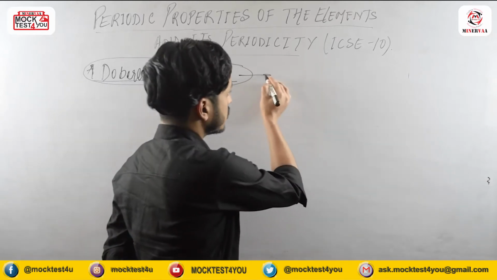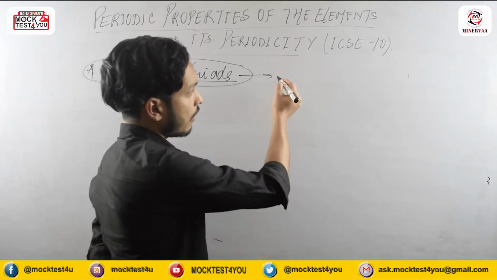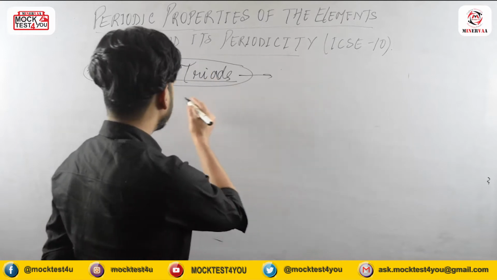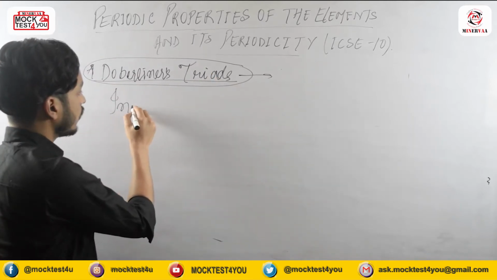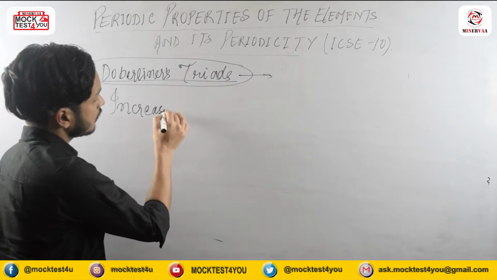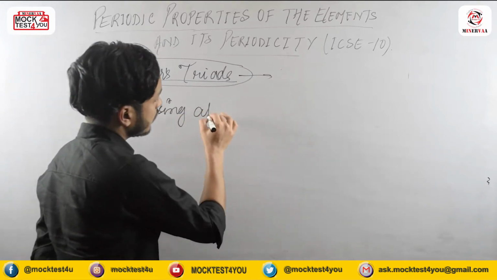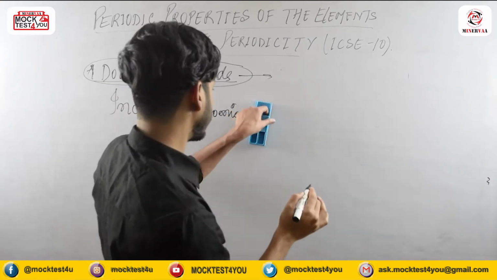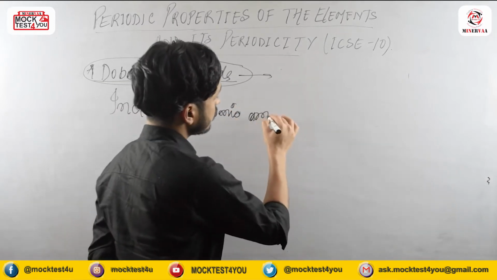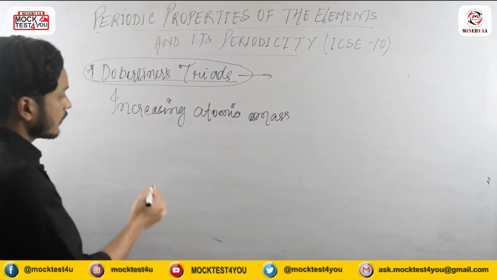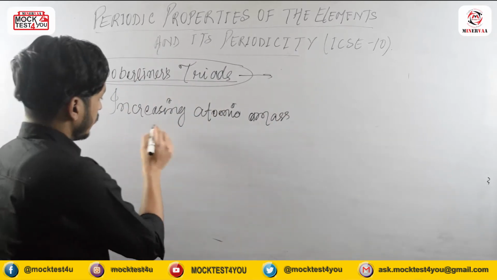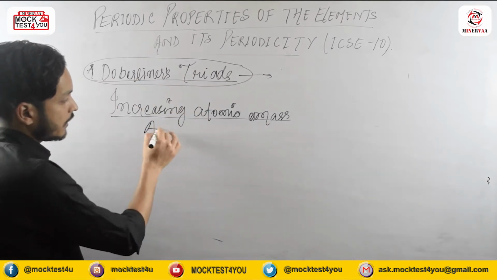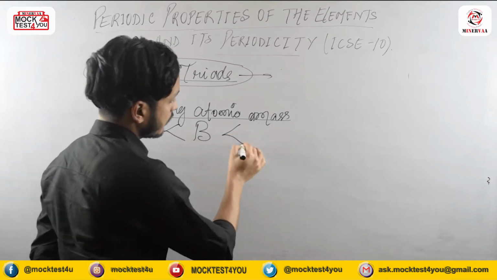He told that if we arrange the elements in order of increasing atomic mass, okay, atomic mass, suppose A is greater than B is greater than C, okay.